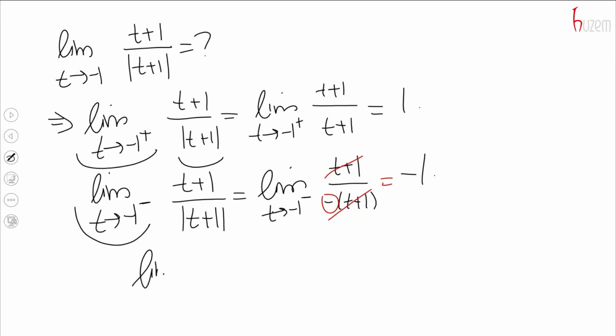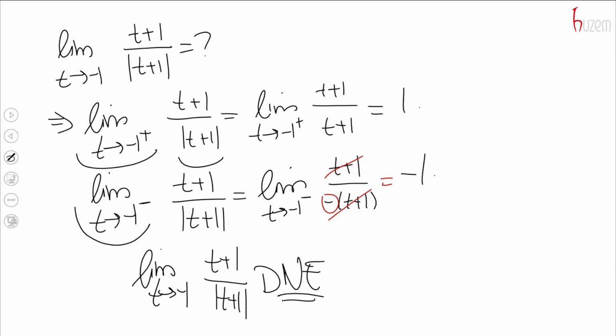So the limit as t approaches negative 1 of t plus 1 divided by absolute value of t plus 1 does not exist. This was an example for not coinciding limits.